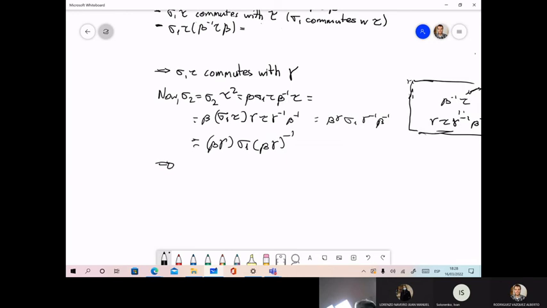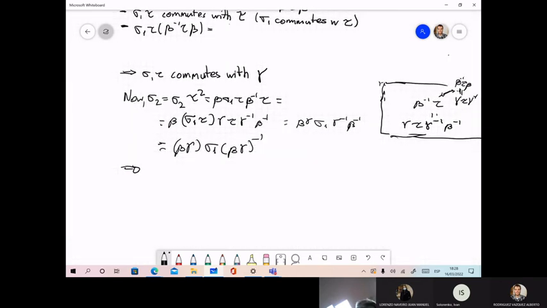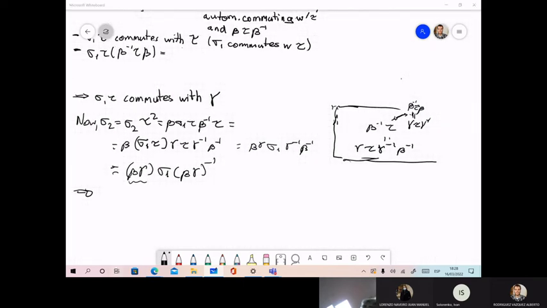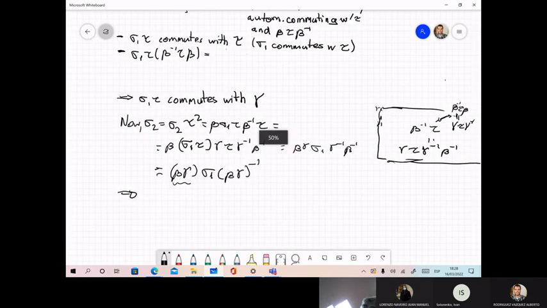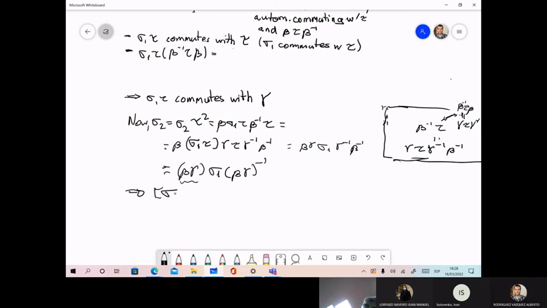Thus, if we have an automorphism which conjugates the classes of the corresponding involutions, just by taking an adequate automorphism, we can also conjugate the real structures that they came from. So the class of sigma 2 is the class of sigma 1, and thus big theta is injective.